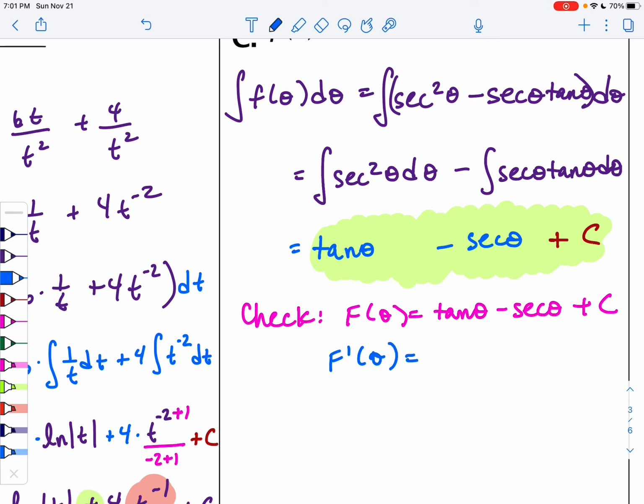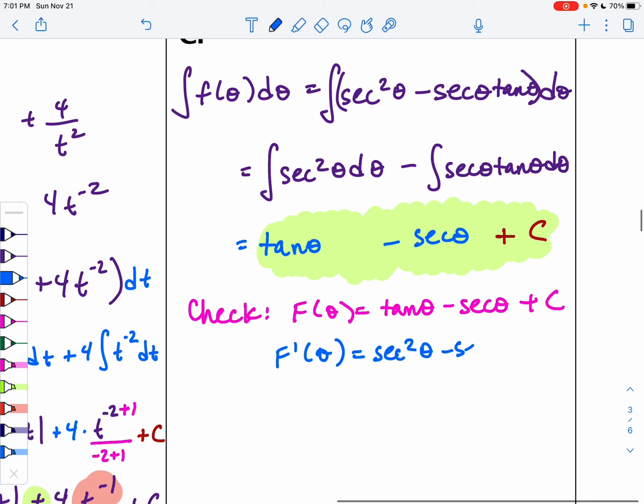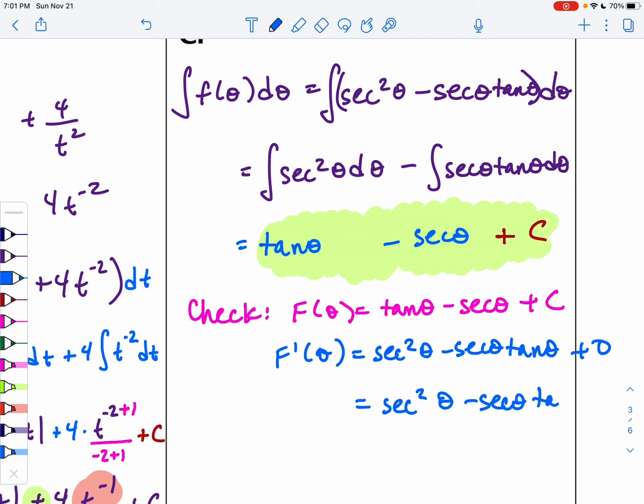The derivative of tangent theta is secant squared theta. The derivative of secant theta is secant theta tangent theta. And the derivative of a constant is 0. And so we would get secant squared theta minus secant theta tangent theta, and that does give us our f of theta.